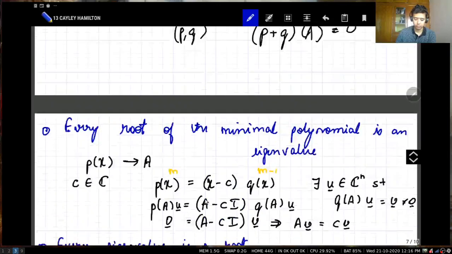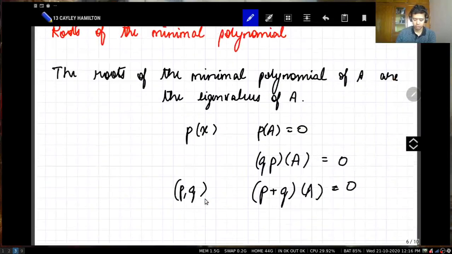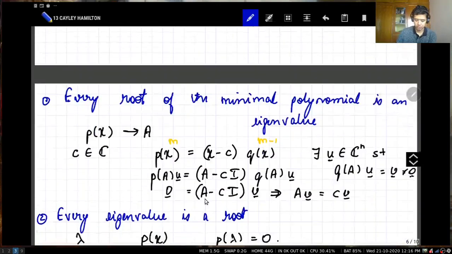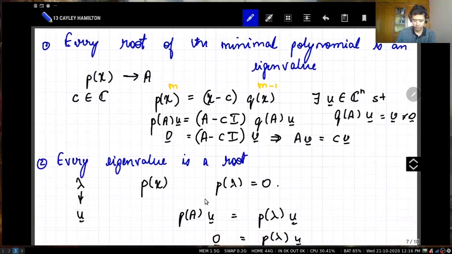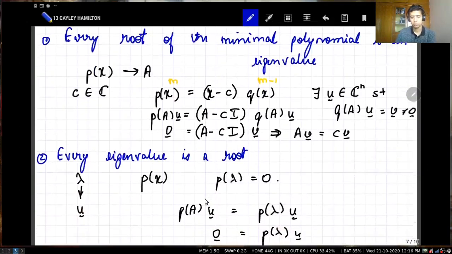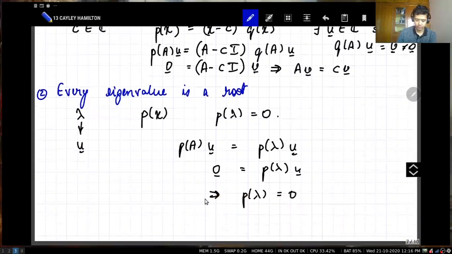So in effect, we've proved that the roots of the minimal polynomial are precisely the eigenvalues of A. So this means that every root of the minimal polynomial is an eigenvalue of A, and every eigenvalue is a root of not just the minimal polynomial but any annihilating polynomial of A.